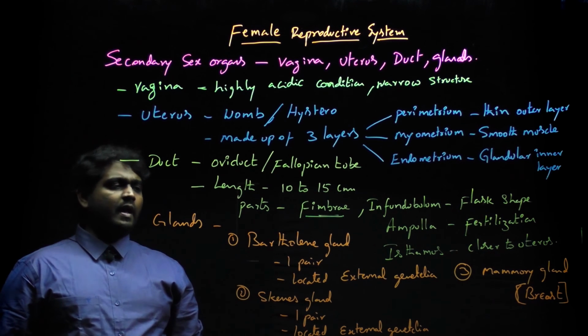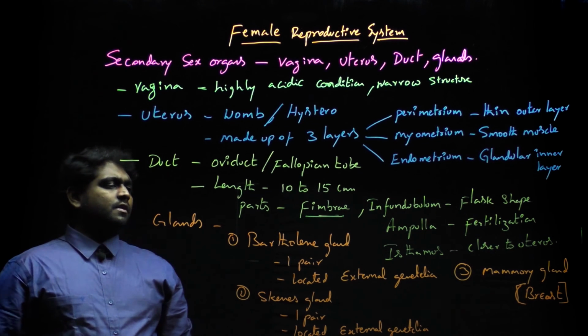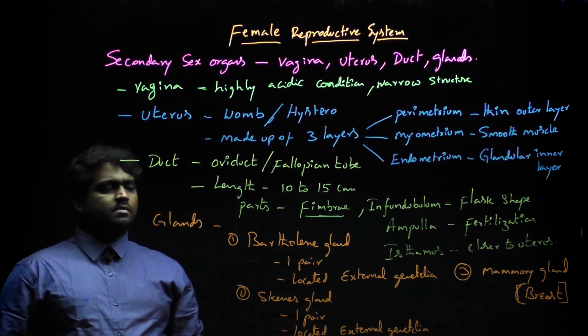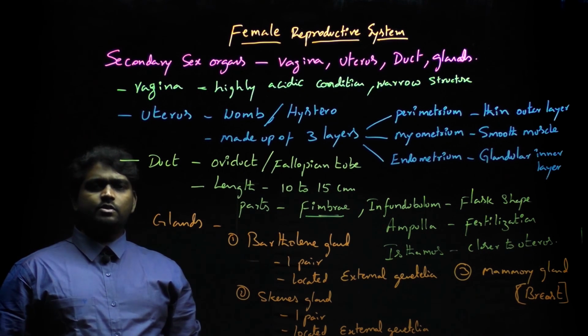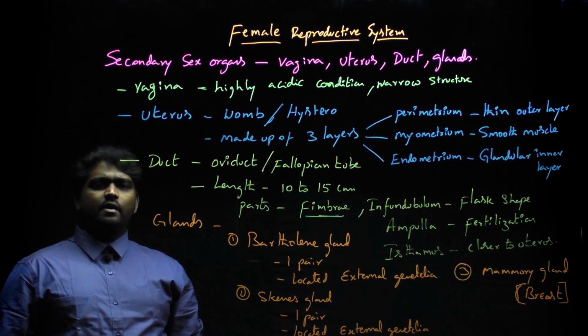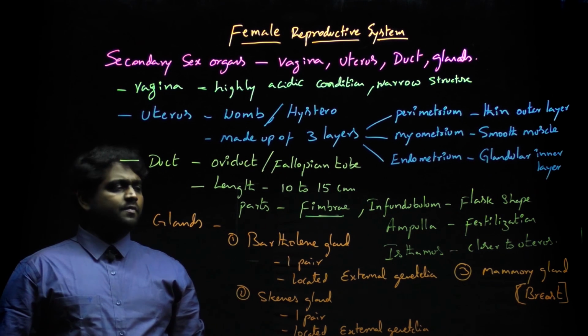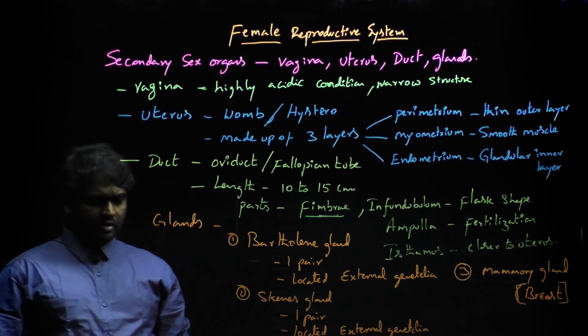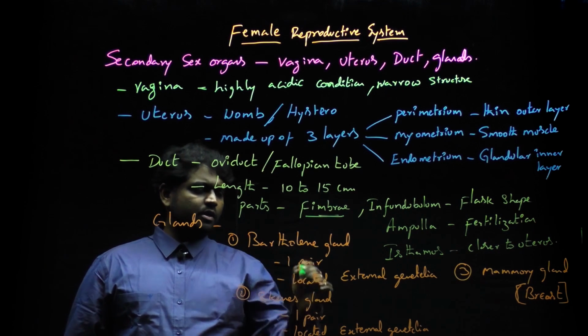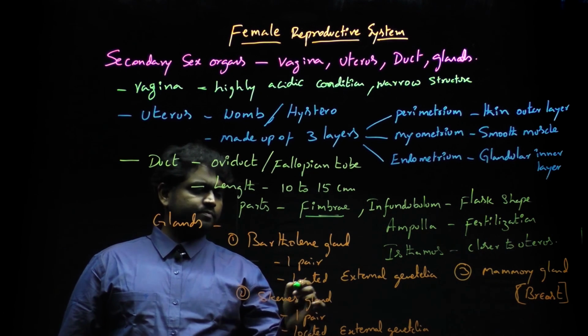Now coming to the glands. Mostly there are 2 important glands, Bartholin gland and Skene's gland. These 2 glands are located in the external genitalia and secrete mucus. Well, I will write here. Both secrete mucus.